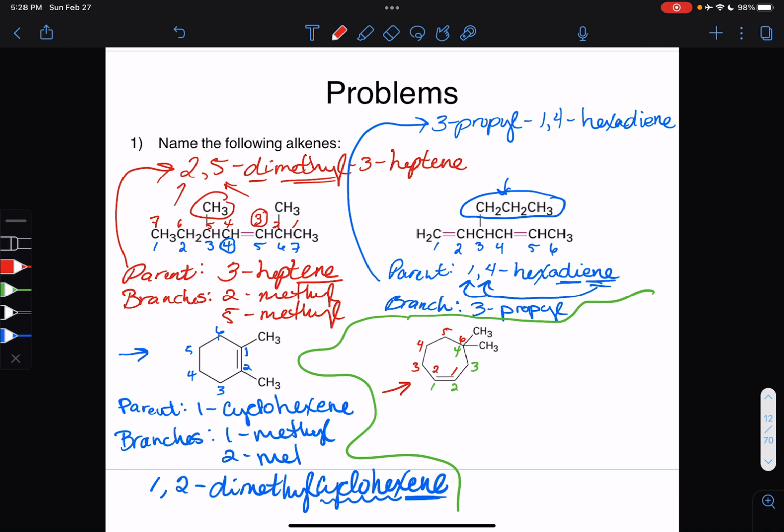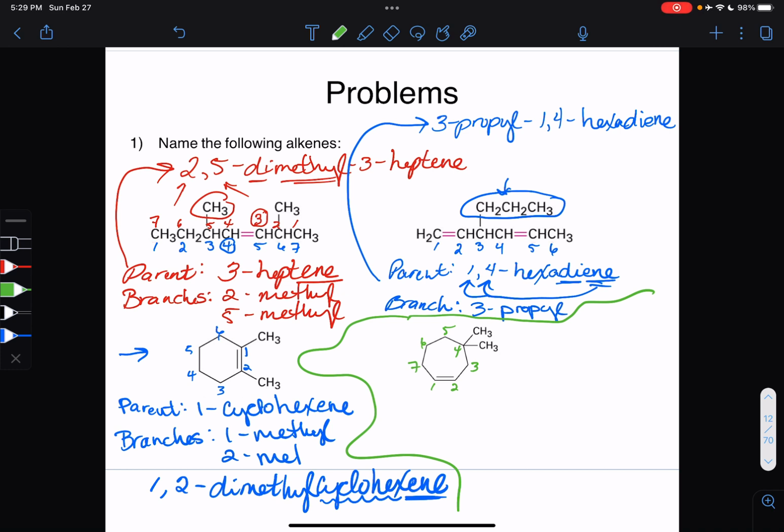Now, we have the choice between 4,4-dimethyl or 6,6-dimethyl. Which should we do? We should do 4,4-dimethyl. So I'm going to go ahead and erase all the red, and I'm going to keep on numbering counterclockwise so we can see how many carbons we have in our ring there.